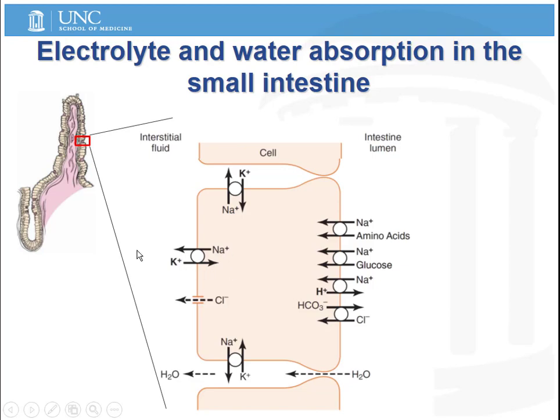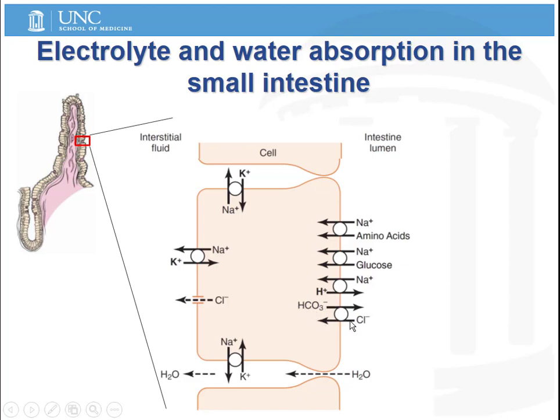This overall uptake of sodium increases the intracellular sodium concentration, which increases sodium extrusion across the basolateral membrane by the sodium-potassium ATPase. In addition, there's a sodium-hydrogen exchanger that drives secretion of hydrogen ions in exchange for sodium ions. The source of these hydrogen ions is intracellular carbon dioxide and water, which are converted to hydrogen ions and bicarbonate in the presence of the enzyme carbonic anhydrase. The hydrogen ion is secreted by the sodium-hydrogen exchanger, while the bicarbonate can also be secreted by a chloride-bicarbonate exchanger.